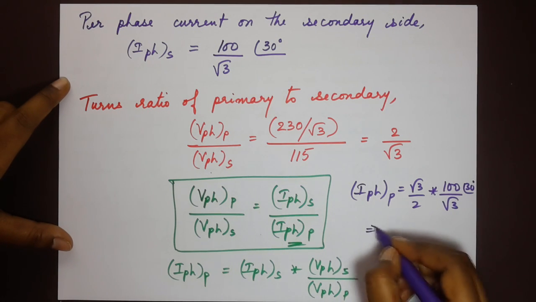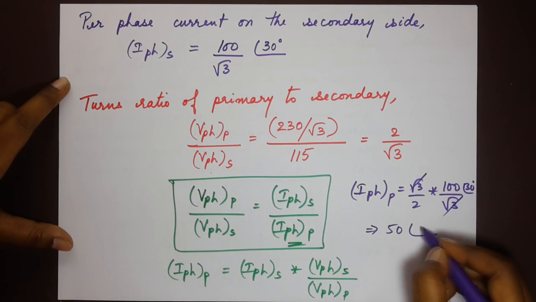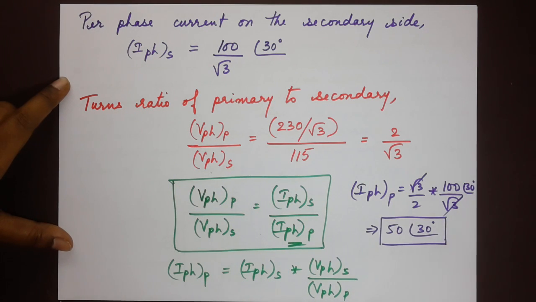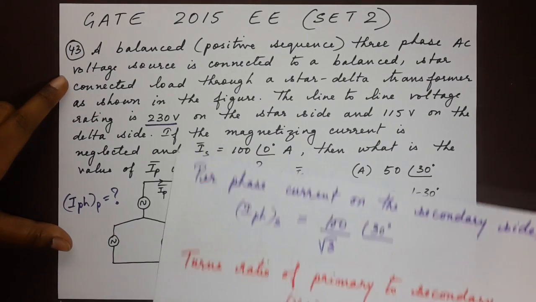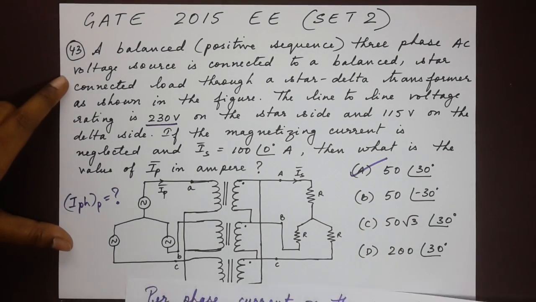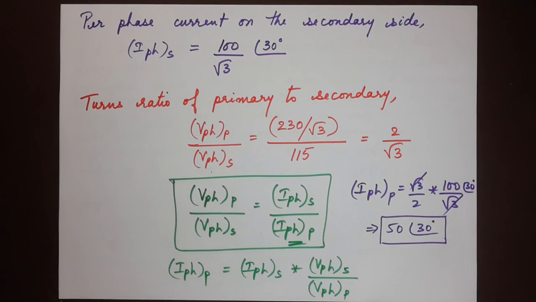So solving this, we get a value of 50 angle 30. 50 angle 30 is the value for I phase primary. And that matches with option A. So this is the entire solution, and I hope it has helped.